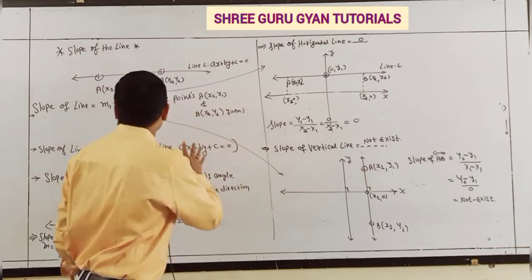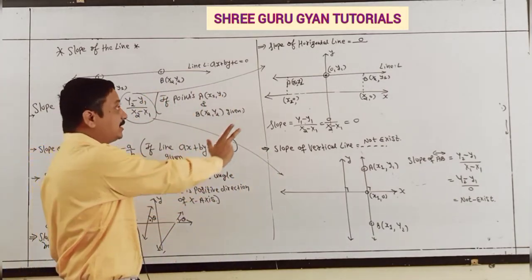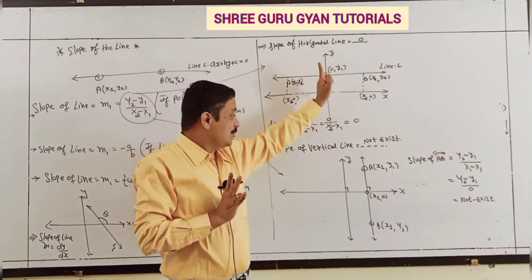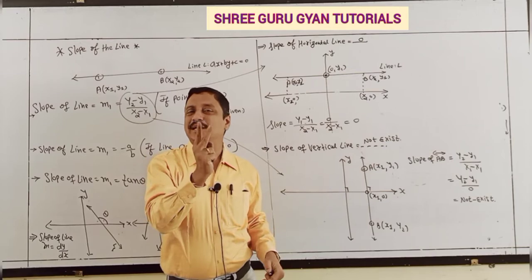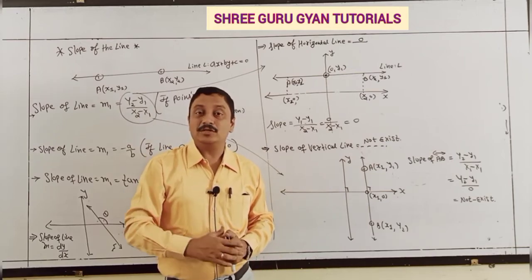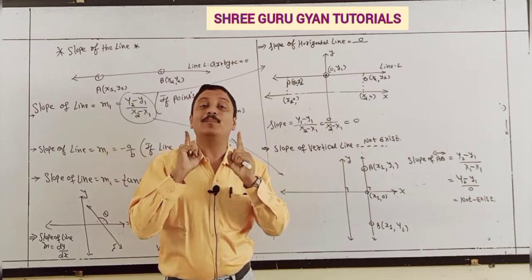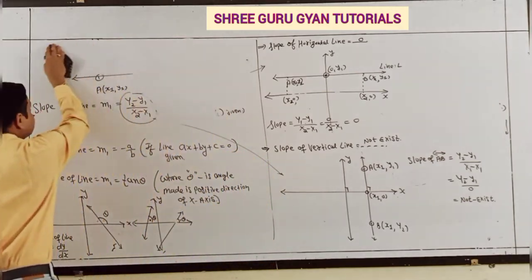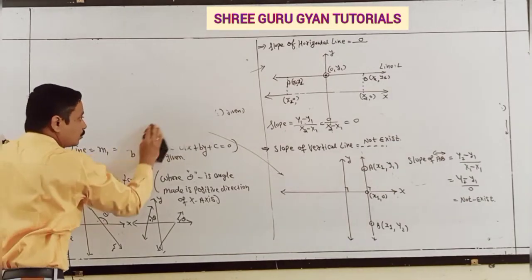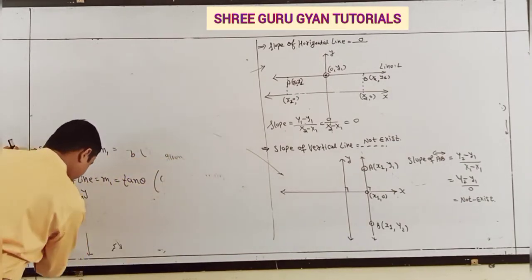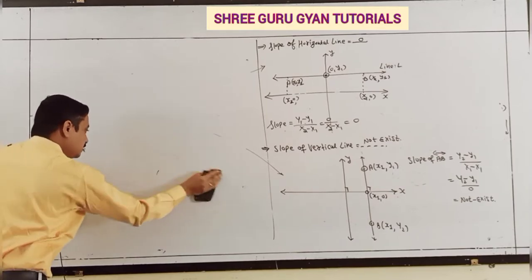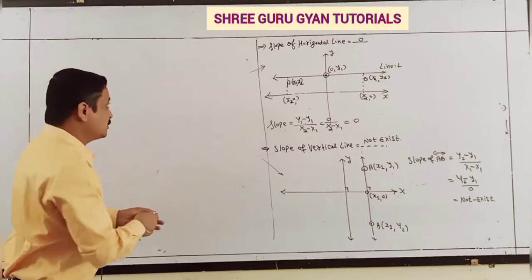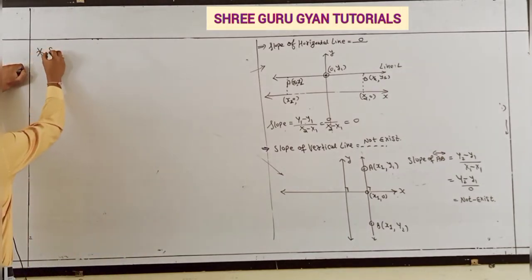Now students, the four slope formulas are done, and two simple ones, the slope of a horizontal line and the slope of a vertical line. Horizontal is 0, vertical does not exist. Now I go to two important conditions related to parallel lines and perpendicular lines. First, the condition between two parallel lines. That is also very easy and very simple, but you should learn all these formulas by heart. Yes.